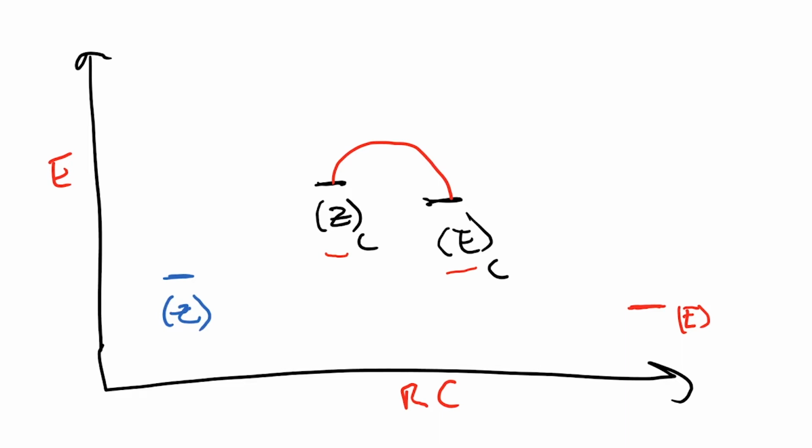You may recall that if you do a hydrogenation reaction on the Z olefin and the E olefin, they give you the same product, the alkane. If you measure the heat of hydrogenation, the E olefin liberates less energy, which means it is more stable than the Z olefin. That's how we experimentally determine that the E olefin is more stable. You can also do it by combustion analysis.